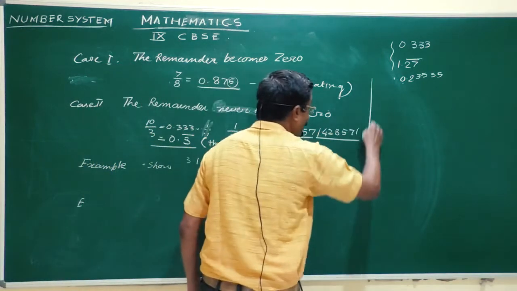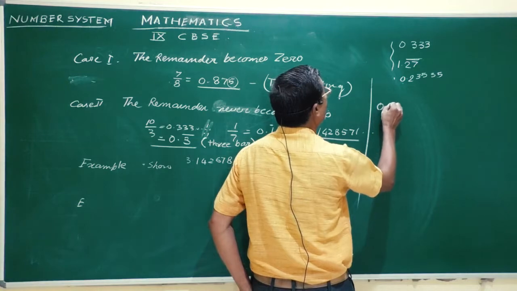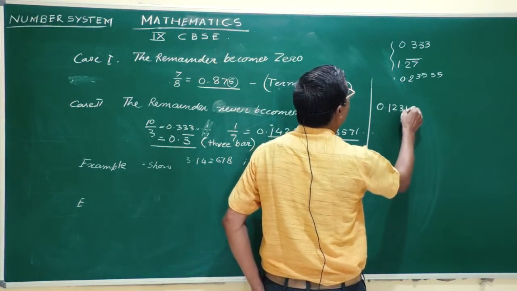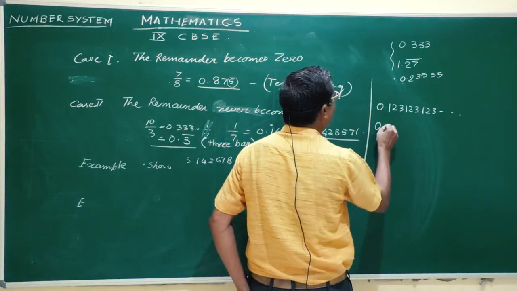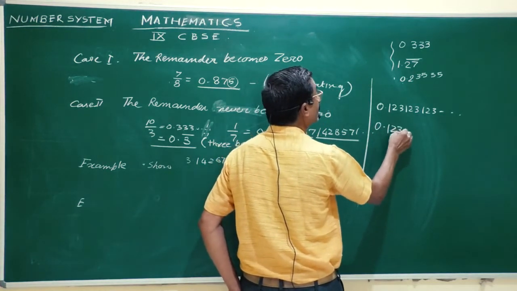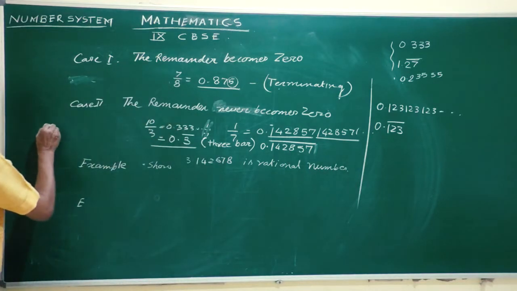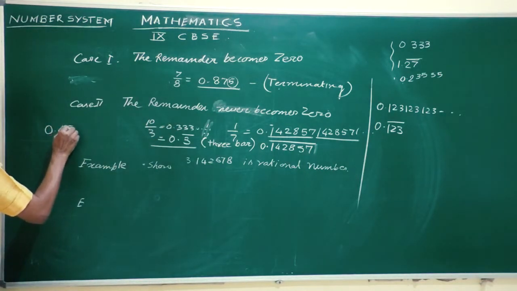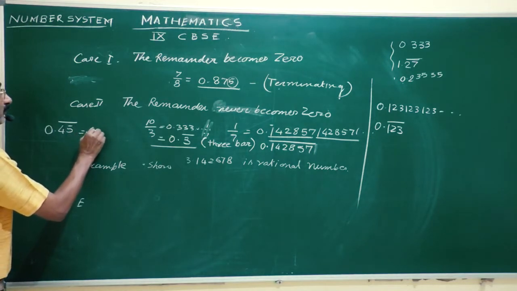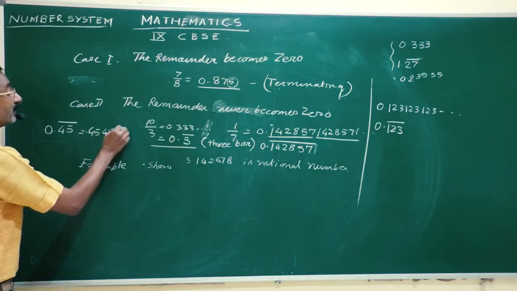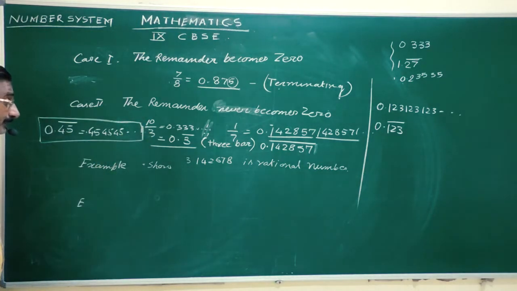Suppose some number is like 0.123123123 and so on. You can write it down as 0.123 bar. For example, 0.45 bar means 0.454545 and so on. Clear? Okay.